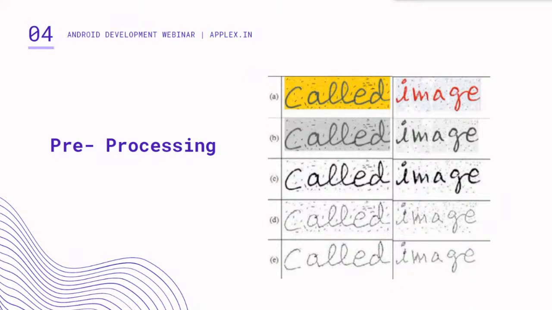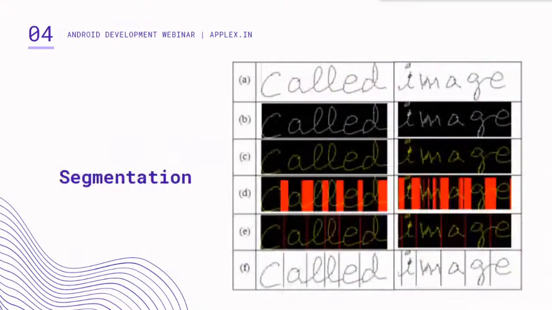After that, we perform the process of segmentation, where each character is separated or segregated. And after segmentation, OCR recognizes patterns and it observes each character and matches each character with an already fed huge collection of characters.